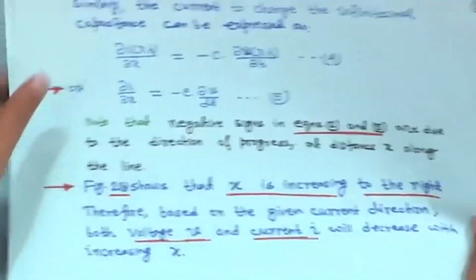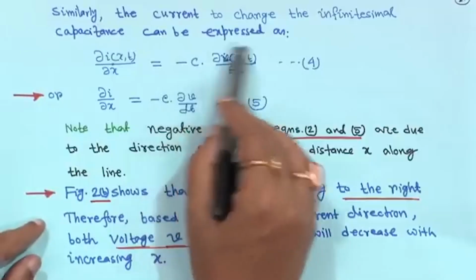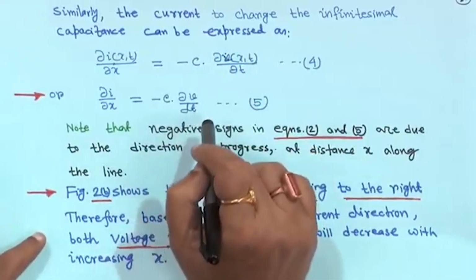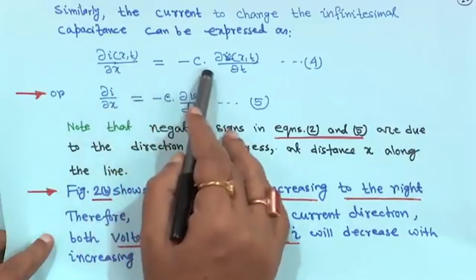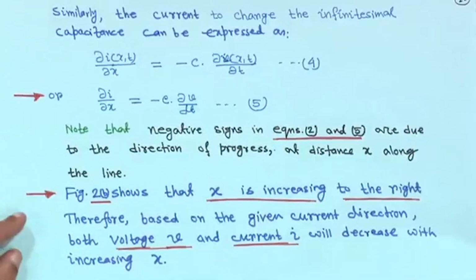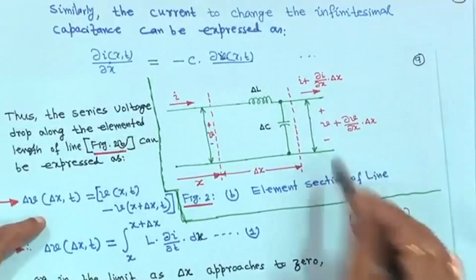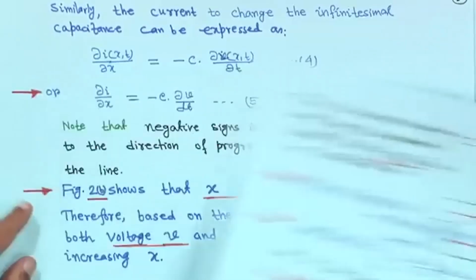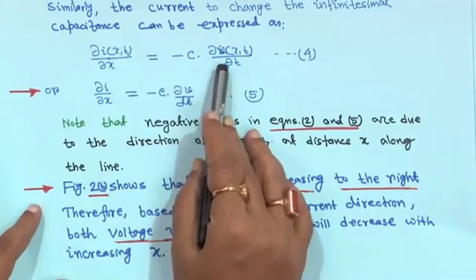Similarly, the current change through the infinitesimal capacitance can be expressed as del I del x equals minus c into del v del t, where v is a function of x and t. We can write this from this figure. So, del I del x is equal to minus c del v del t.